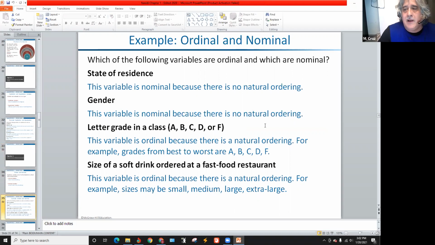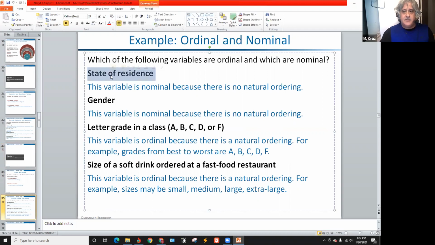So classify ordinal and nominal. The state of residence is nominal because it's simply just a name. There's no natural ordering to the states. Same thing with gender, as I mentioned before. But look at letter grades.